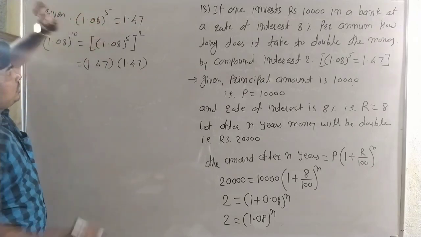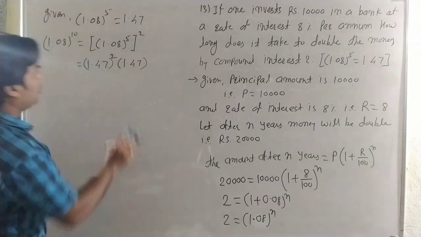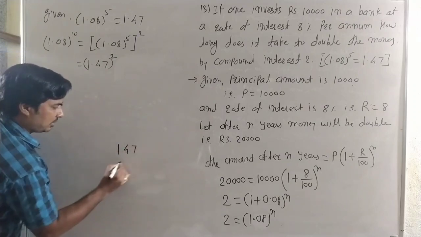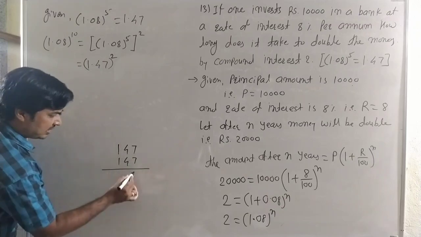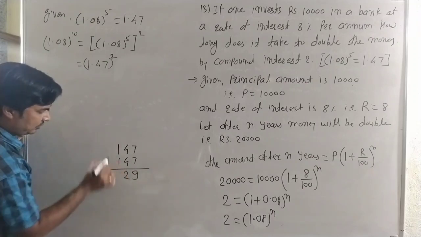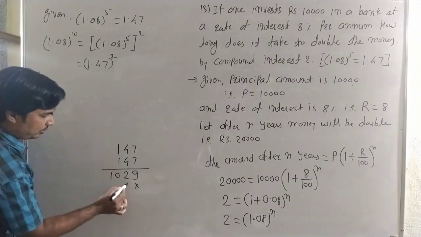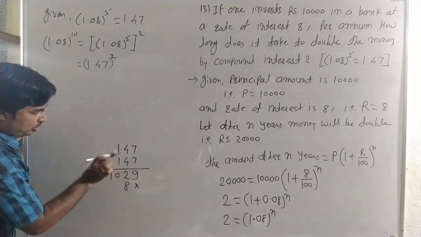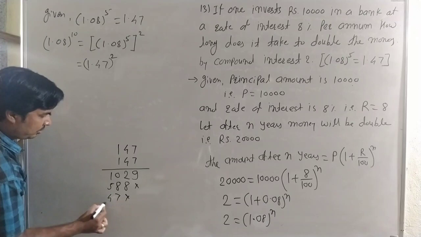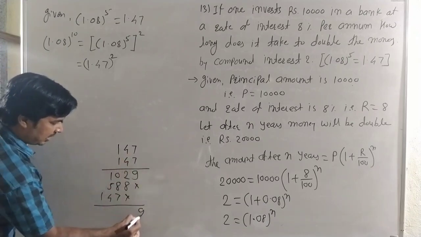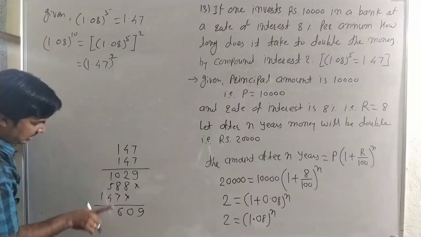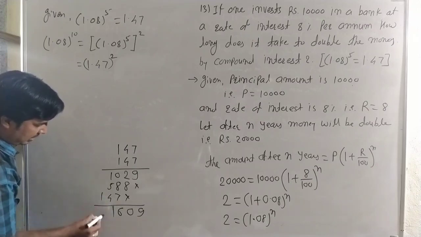Now we find the square of 1.47 by rough calculation. 7 into 7 is 49, carry 4; 7 into 4 is 28, plus 4 is 32, carry 3; then 10.